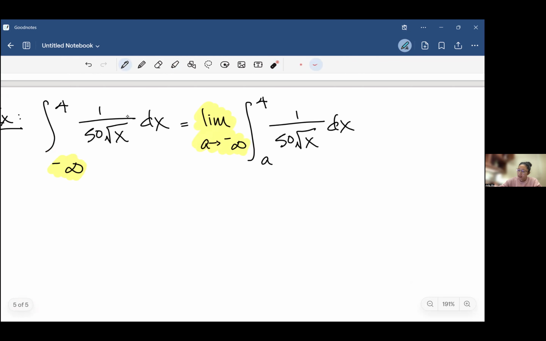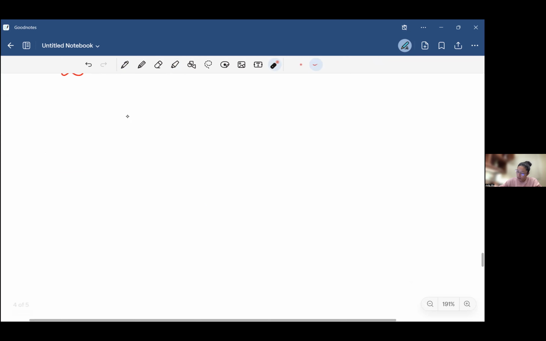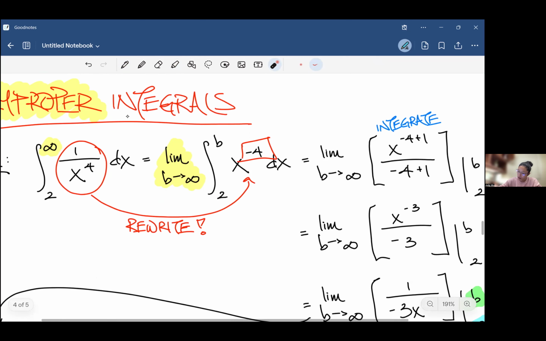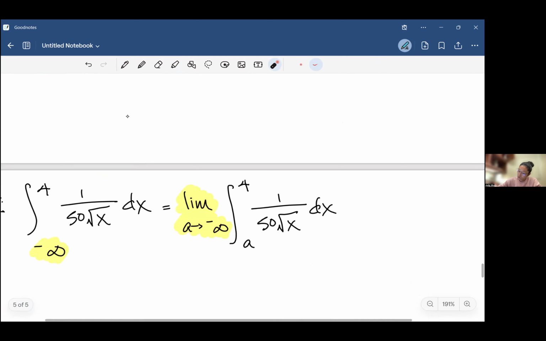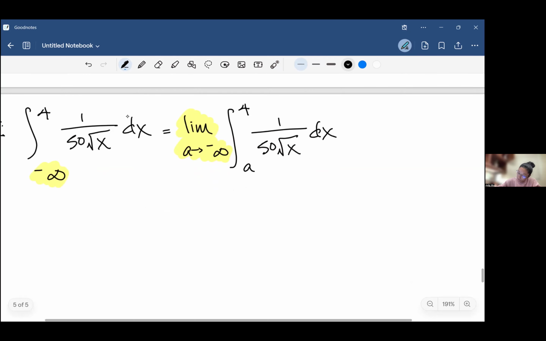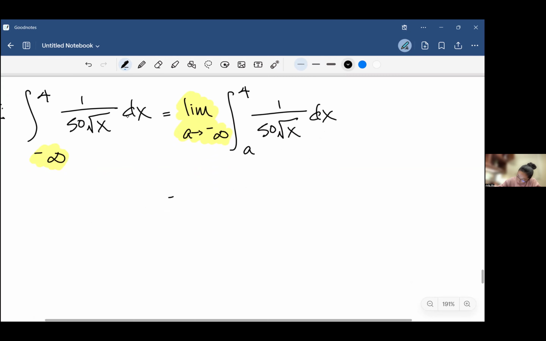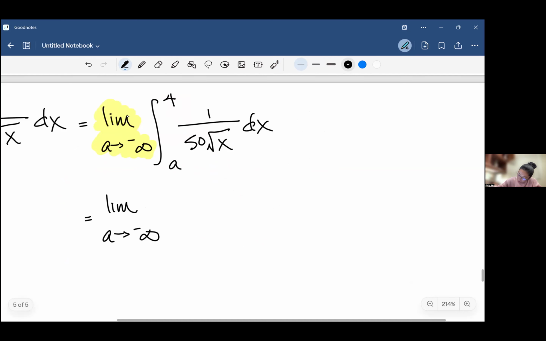Okay. Now, kind of like in the last example, how I rewrote that 1 over x to the 4th as x to the negative 4, I'm going to rewrite this with some algebra so it might be a little bit easier to integrate. Okay. So we've got the limit as a approaches negative infinity of the integral from a to 4.